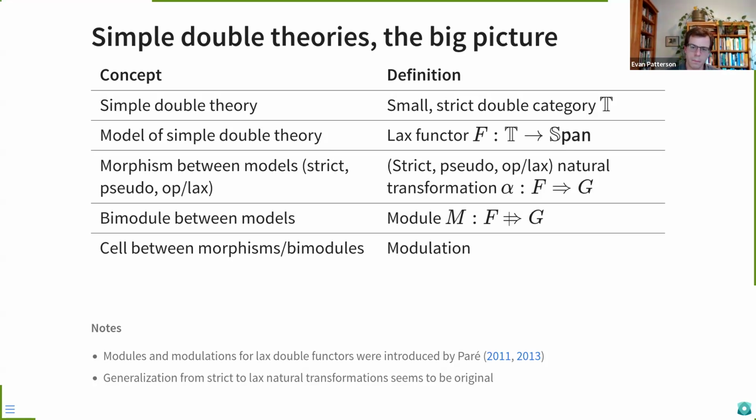So a module between lax double functors is some kind of generalized profunctor. And then finally, it turns out that a modulation, which goes along with modules, also introduced by Paré, is the right notion of cell in this setup. These do fit together to form at least a unital virtual double category, and under good conditions, a genuine double category.